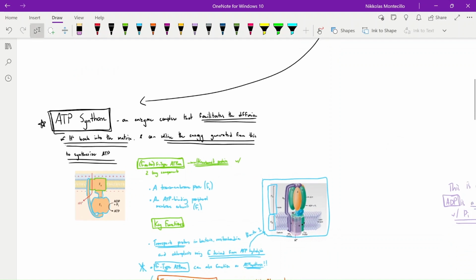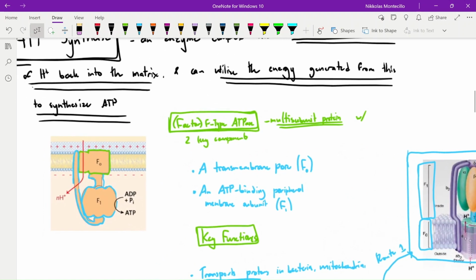ATP synthase is an enzyme complex that facilitates the diffusion of hydrogen protons back into the matrix, and it can utilize the energy generated from this phenomenon to synthesize ATP.